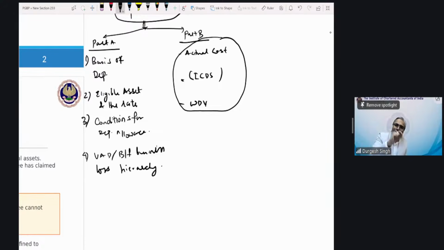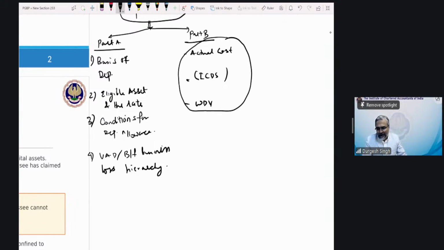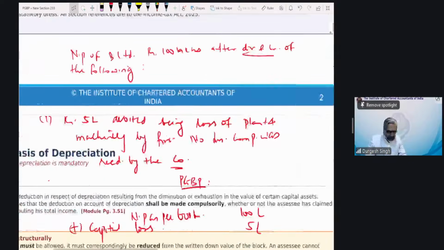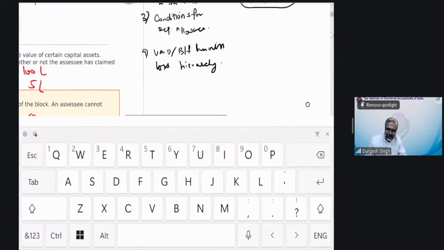Answer is yes. Will it be eligible for depreciation? Answer is yes. Yamaha Motors, Delhi High Court. So this is where we were in the last class, and if that be the case, students, we will proceed further. Everyone? Perfect.